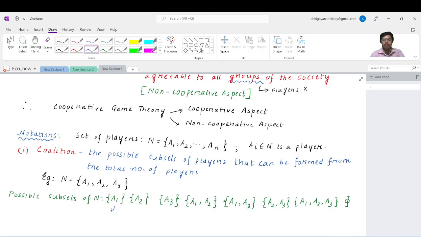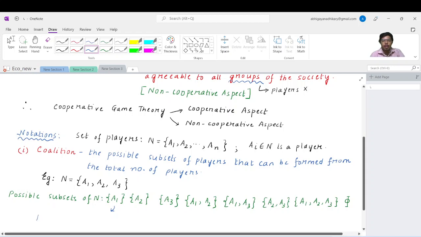If I take the first one, what does it mean? That player A1 forms a separate coalition. He doesn't want to cooperate with other players in the society, he just wants to work independently. That is why it is known as a coalition. Similarly, if I take this example, A1, A3, what does it mean?